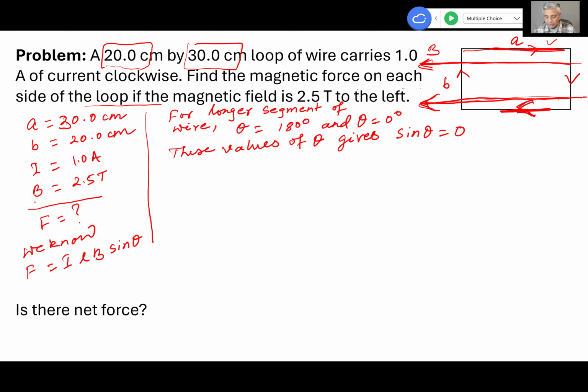Sine 0 is 0, sine 180 is also 0. Okay, so that means there is not going to be any force acting on that side. So 0 force acts on the longer segment.